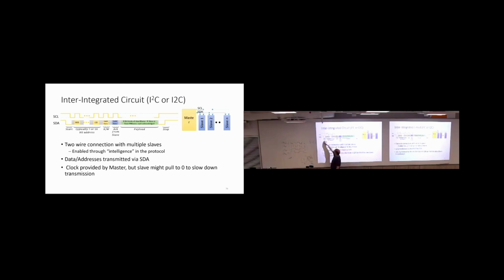Then you have a specific control sequence where the first sequence bit is effectively a start. Then you have a specific address range. Then you have 1 bit for read-write. Then you wait for an acknowledge from the slave, so that's actually the other data direction. Then you have some payload, and then you have a stop.